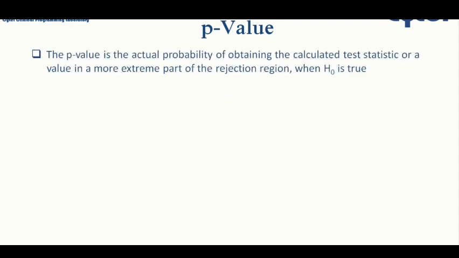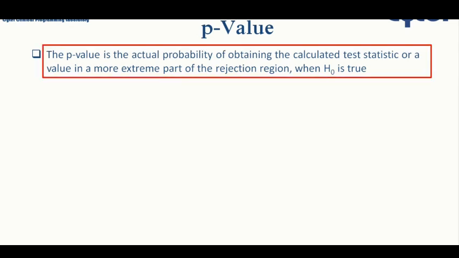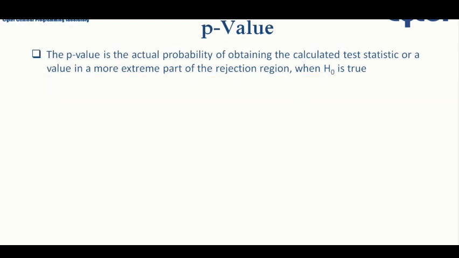So, what is this p-value? The p-value is the actual probability of obtaining the calculated test statistic or a value in a more extreme part of the rejection region when H0 is true.